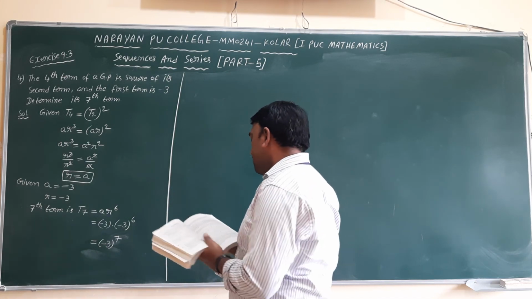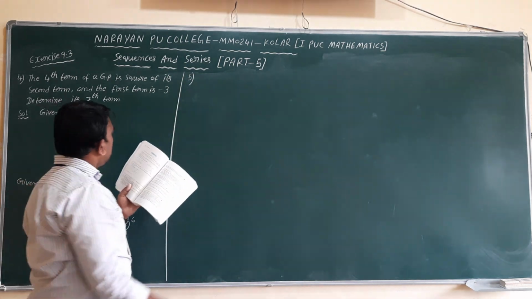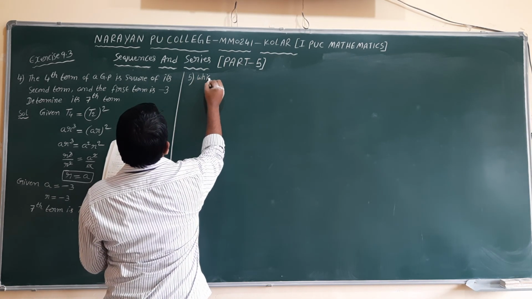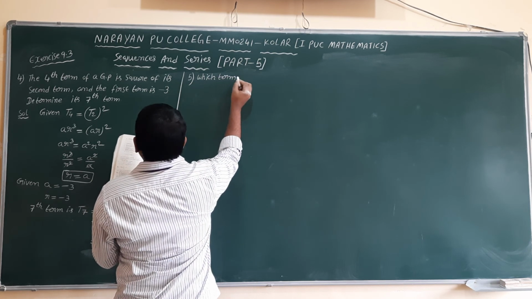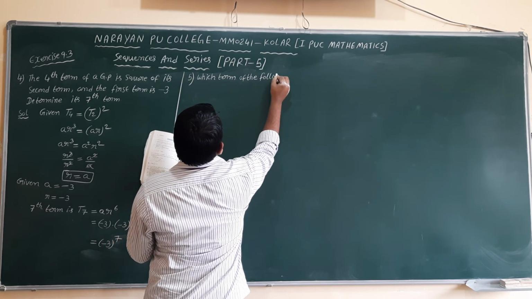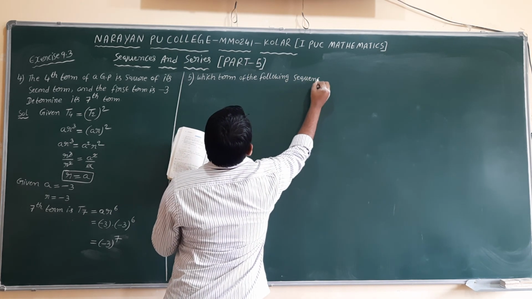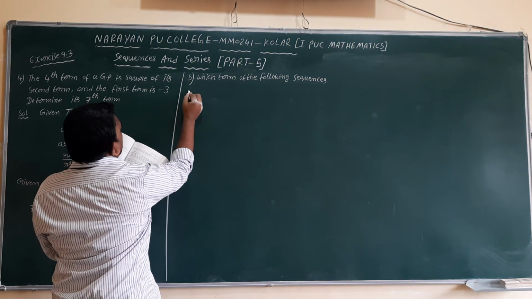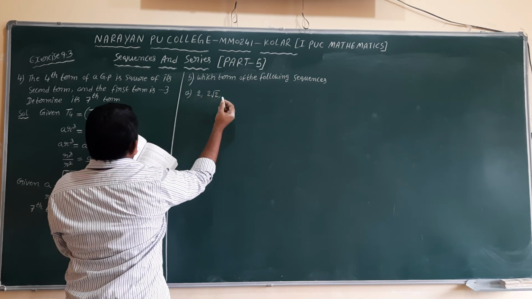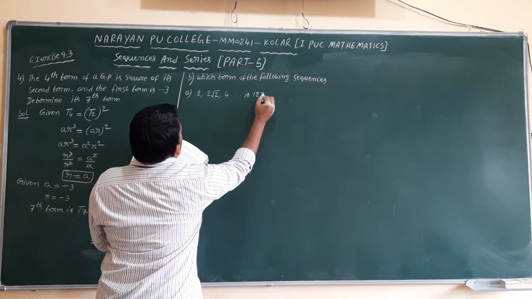So next question. Which term of the following sequences, in that first one 2, 2 root 2, 4 and so on, is 128?